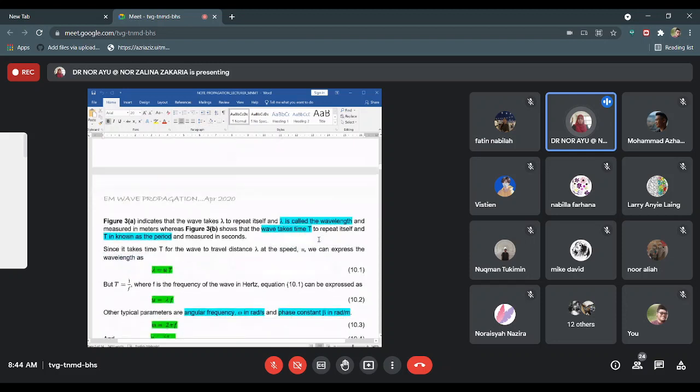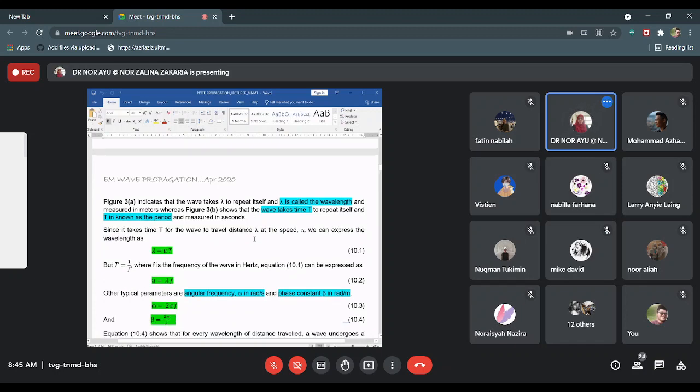Okay, so this is the explanation. It indicates that the distance for the wave to repeat itself is called the wavelength, and it shows that the wave takes time T to repeat itself, and T is known as the period of time, measured in seconds.